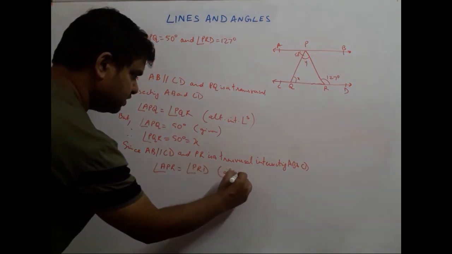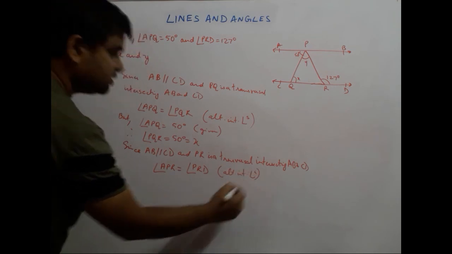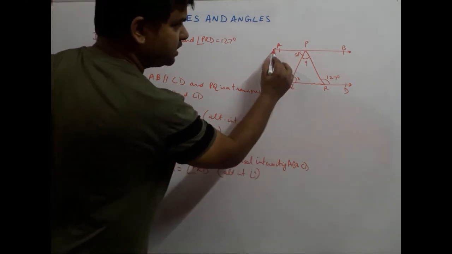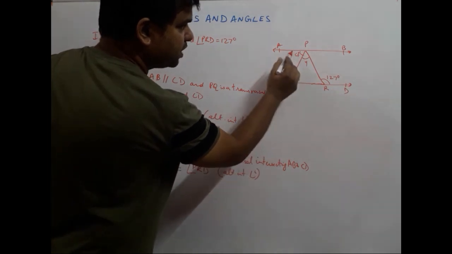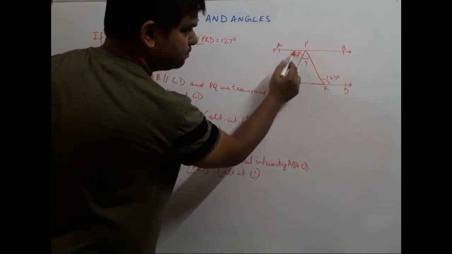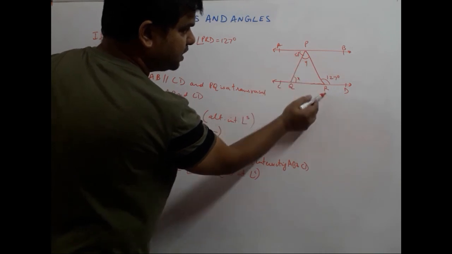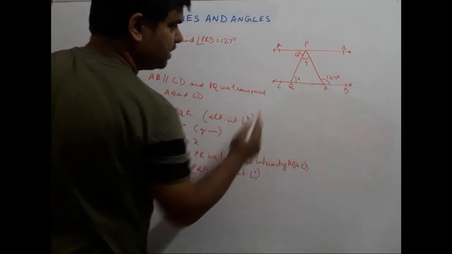Same thing, that is alternate interior angles. See, they form the Z once again, APRD. Now I'm taking this entire angle APR. So APR includes this 50 degrees and this Y as well.